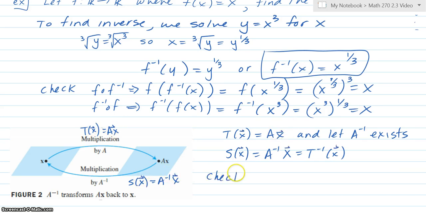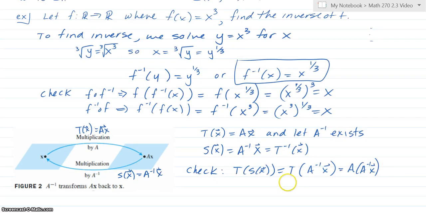Let's check that. So let's look at T of S of x. See what that is. So we have T of what's S of x? We claim that it's A inverse x. So what is that going to equal to? I'm going to plug this in for the x of my T, so I have A times A inverse x, which you could just really regroup and make A A inverse. And we know, since A was invertible, that that is just x.